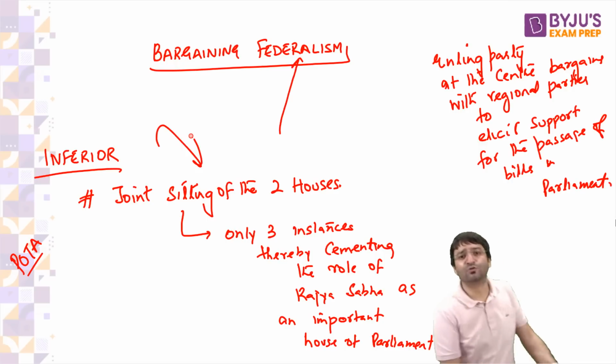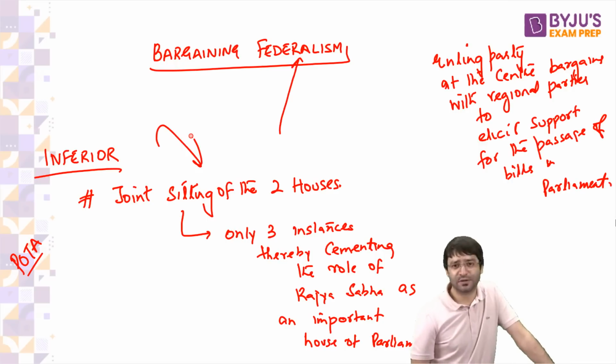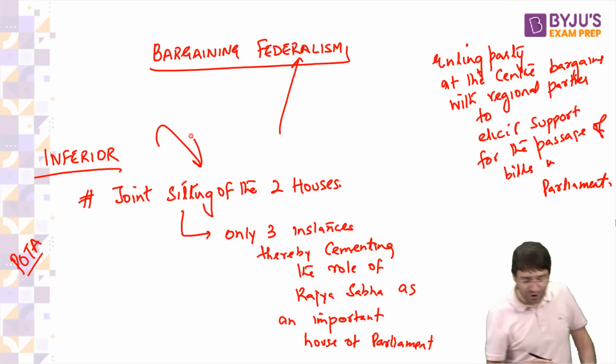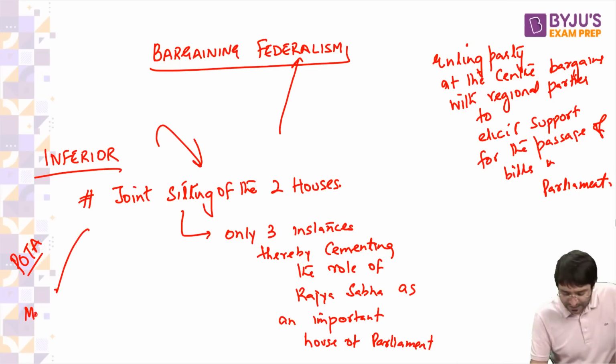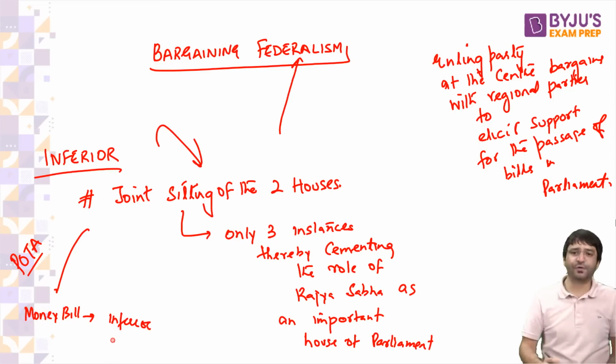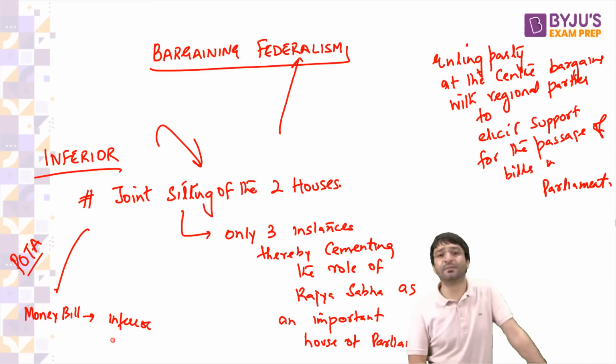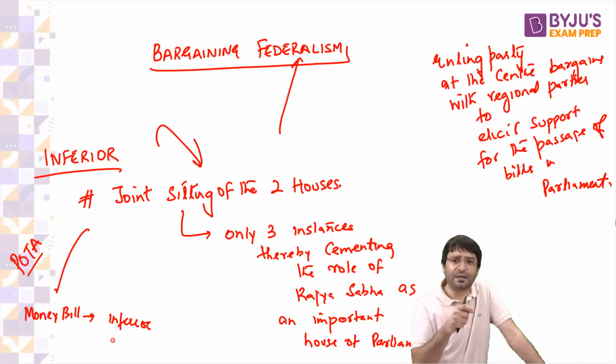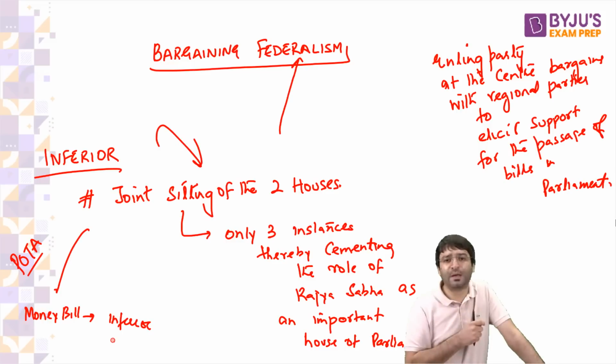But there are others who say Rajya Sabha is an inferior house because of the provision of joint sitting of the two houses, and because it has an inferior role when it comes to money bills, which we will discuss on Wednesday. What is a money bill? On a money bill, Rajya Sabha has a very inferior role to play. Lok Sabha has an important role.